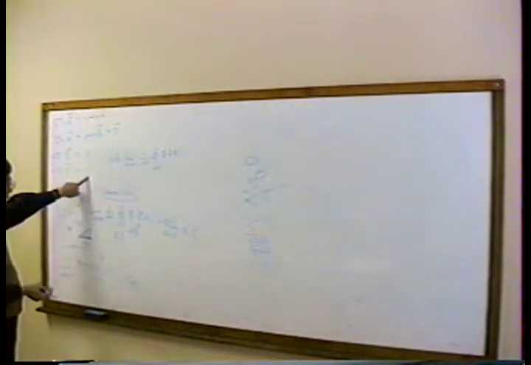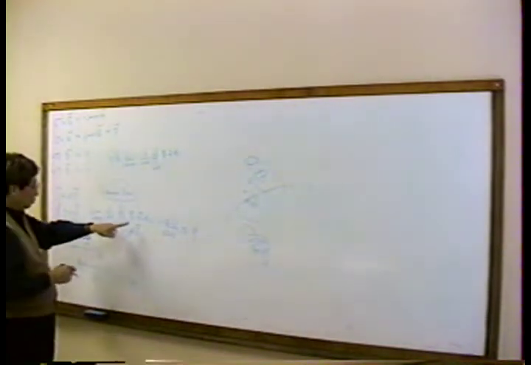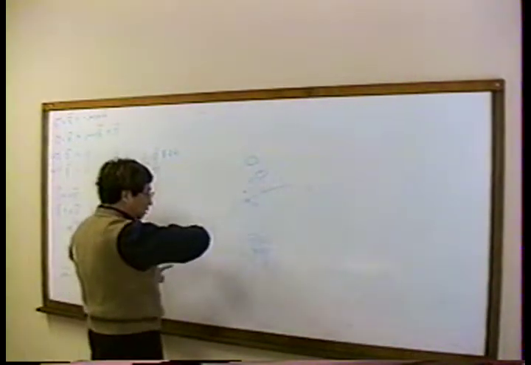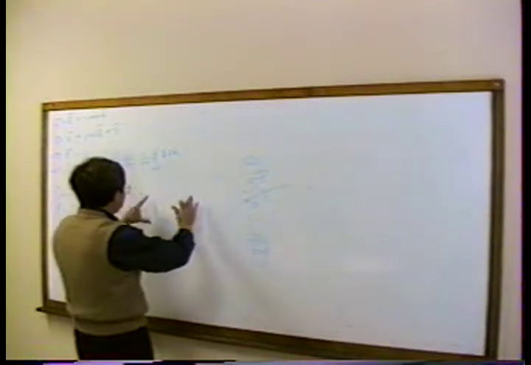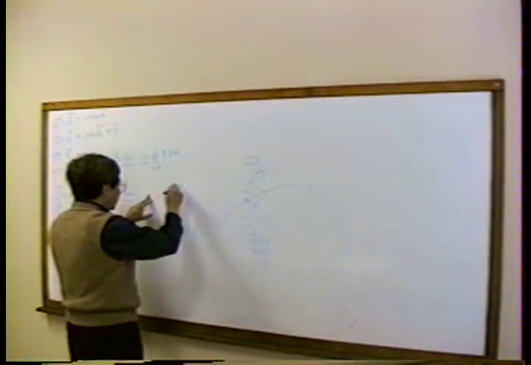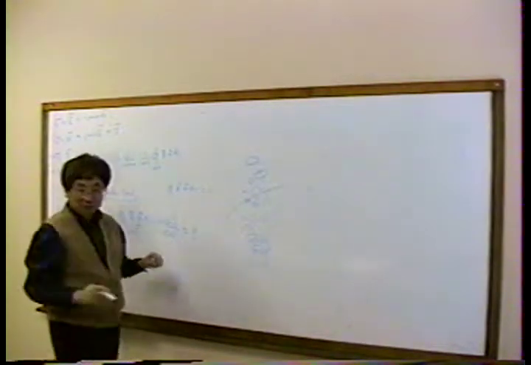So there is no such thing as magnetic charge, so the net number of lines going out equals the number of lines coming in. The surface integral of B dot N dS is always equal to 0.